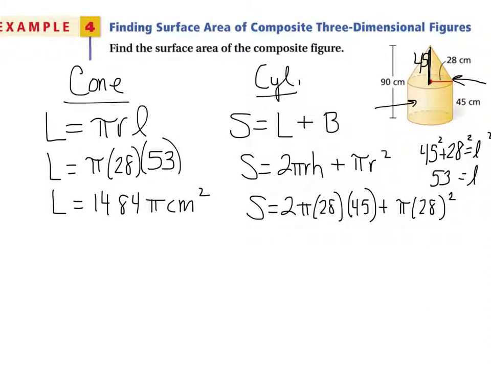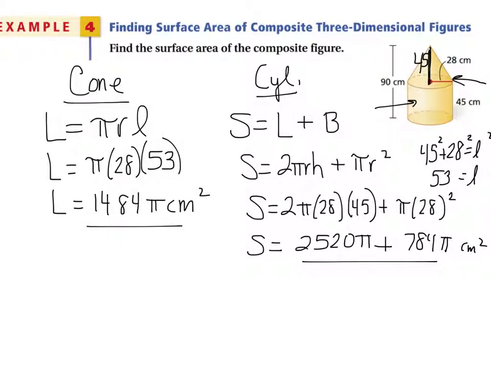This entire thing is going to give us 2520 pi plus 784 pi centimeters squared. We're going to add all 3 of these up, and we are going to get 4,788 pi square centimeters.